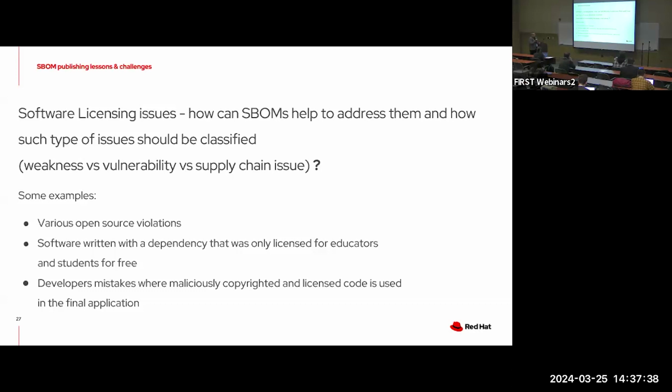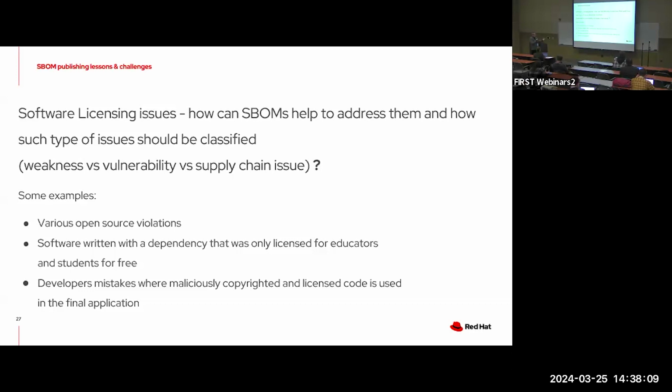SBOMs produced by software vendors, and verified by vendors to make sure that the right license is included in that SBOM, can address many of those example problems, like various open source violations, or software that is written with a dependency that was licensed for educators or students, so you shouldn't use it in your final production environment.